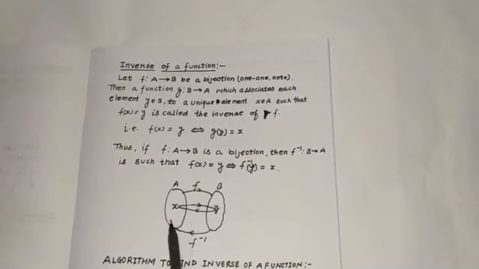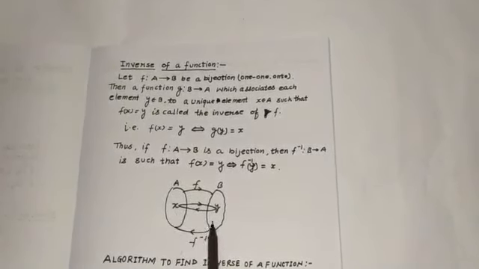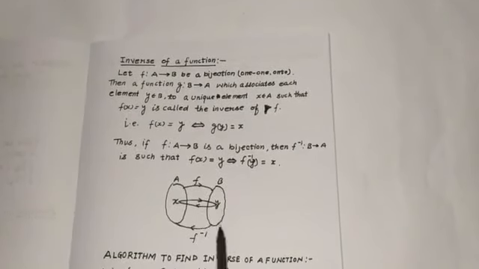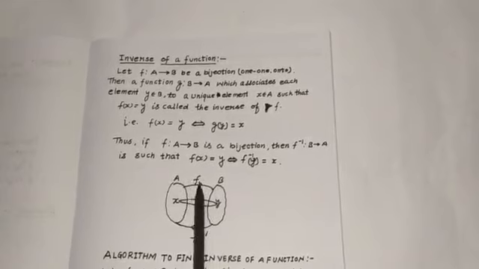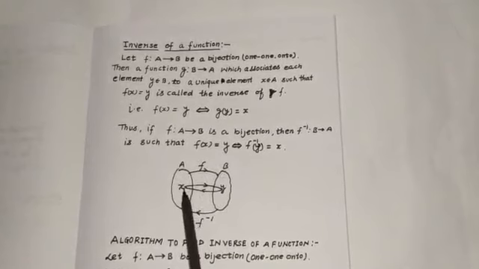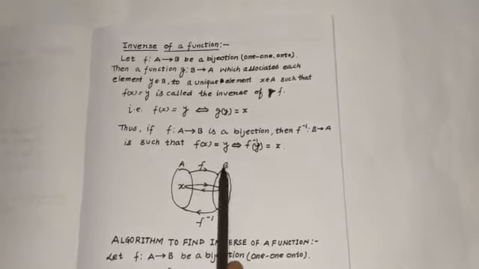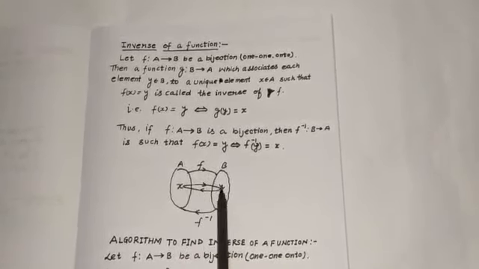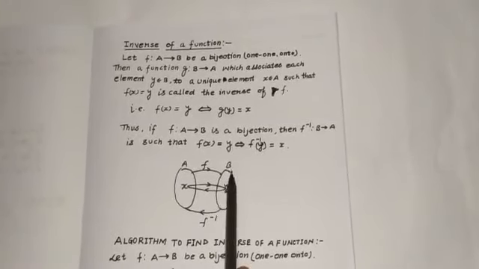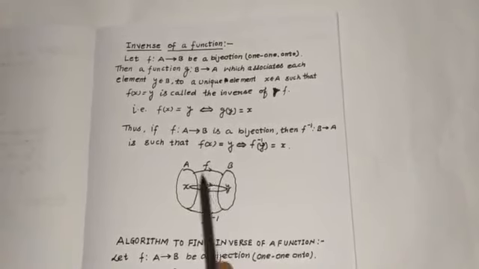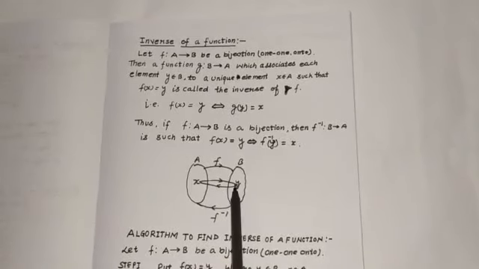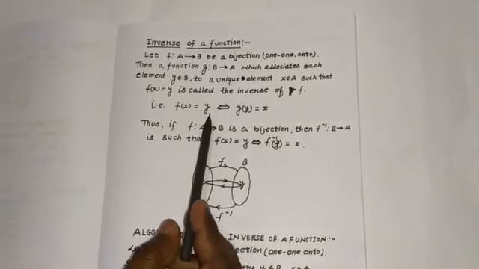Now you can understand this by this Venn diagram. This is set A and this is set B. f is a function which maps from set A to set B. Let x be an element in set A and y belong to set B. x is associated to the element y under the function f. Then we can write f(x) equals y.